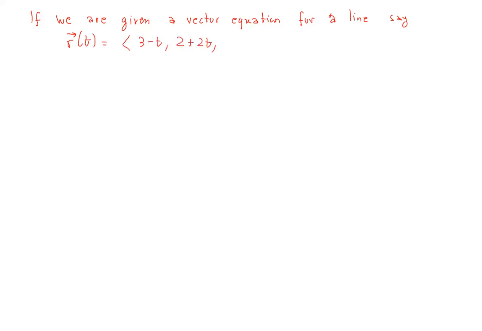So pretty much what I'm saying is that if we're given a vector equation for a line, say r of t equals 3 minus t, 2 plus 2t, and negative 1, then it is straightforward to find a vector which is parallel to the line.